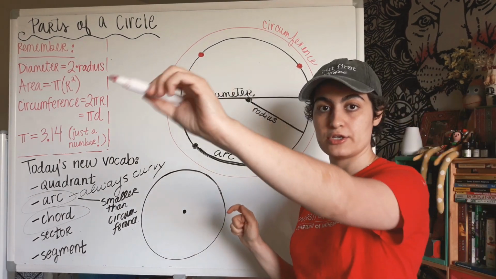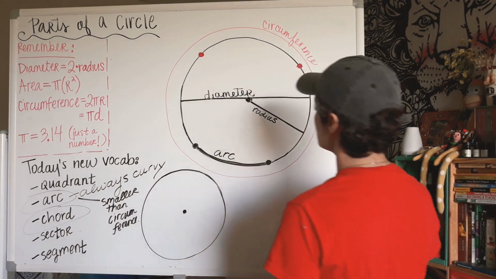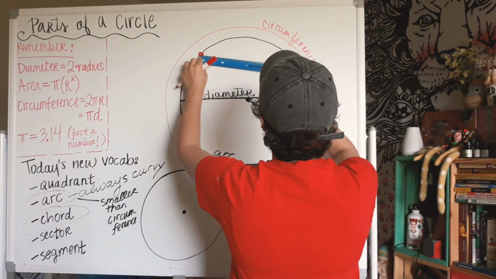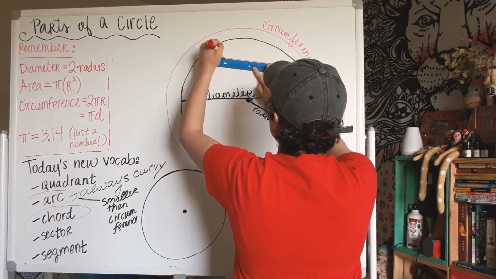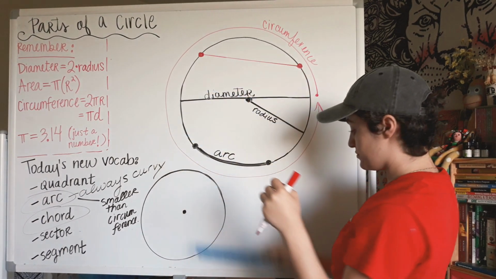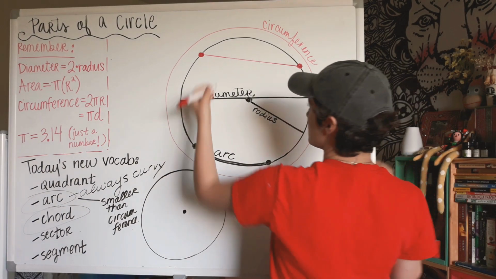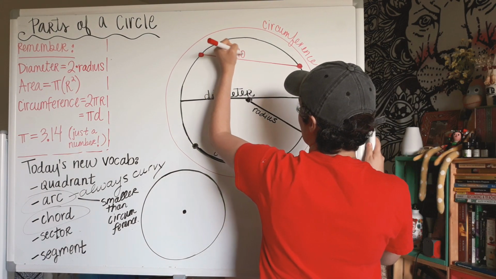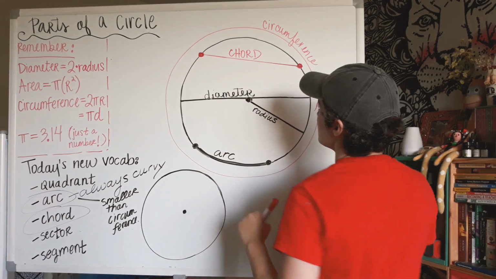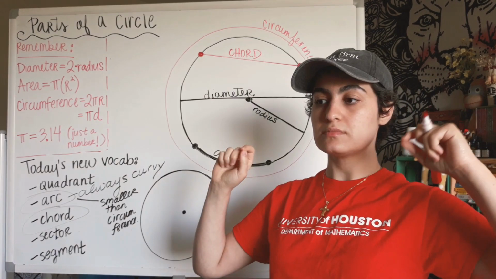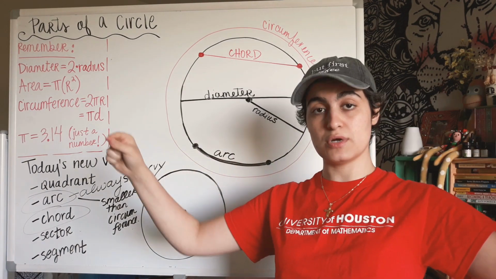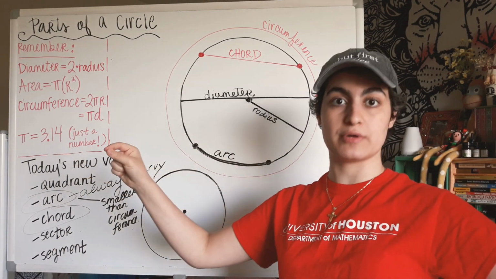You go straight to it. I'll draw a line. This is a chord. Remember, a chord is a straight line, and it touches two edges on the circle, any two edges.